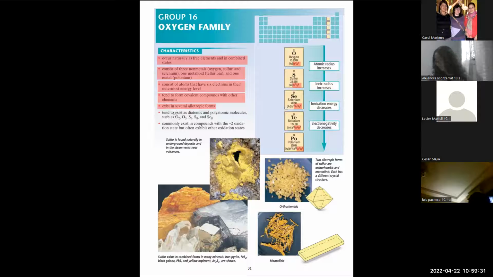Two common ones. Oxygen gas exists as a diatomic gas, and it exists as just O2. And O3, for example, is also oxygen, but 3 atoms of oxygen is what we know as ozone, like the ozone layer that we have in the atmosphere.